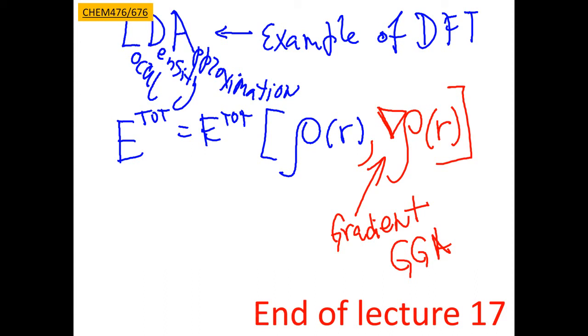Interestingly, the energy depends only on the density. There are no gradients of density. There is no density at different points. So it depends only locally on the density evaluated at one point of space, local. Therefore, this Thomas-Fermi theory serves as a first step to the so-called local density approximation.